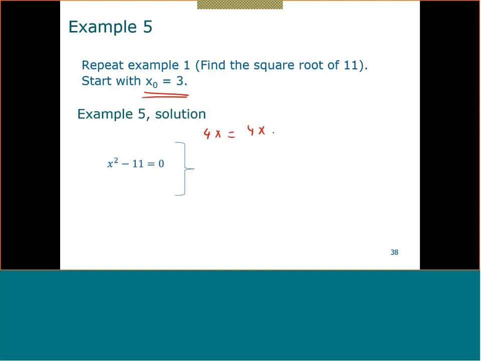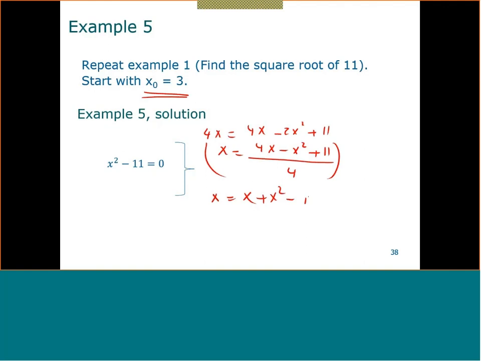Then your x is equal to (4x minus x squared plus 11) divided by 4. So this is one function. Or I can say x equals x plus x squared minus 11. So this is your g of x, and this is your g of x.